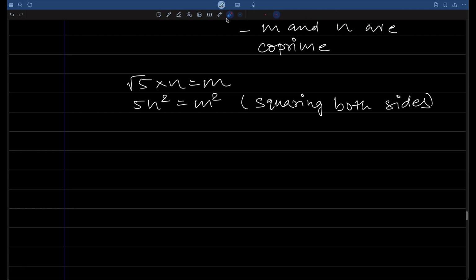m and n are co-prime, hence there is no common factor between m square and n square.